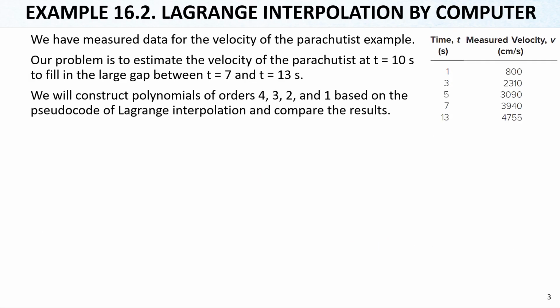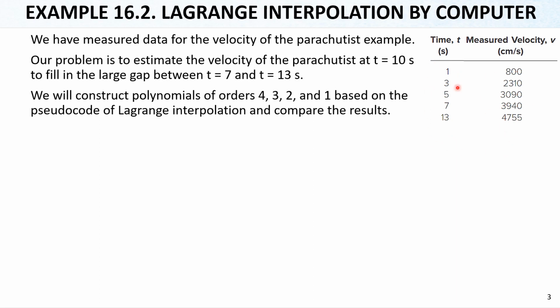Here we have an example for Lagrange interpolation by computer. We measured data for velocity of the parachutist example that we saw since the beginning of this course. And now our problem is to estimate the velocity of the parachutist at t equals 10 seconds. And we actually had some measurements.